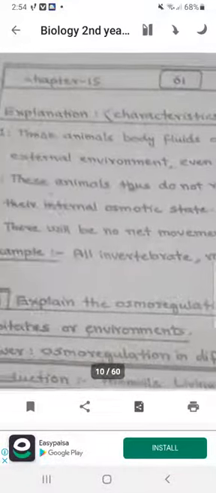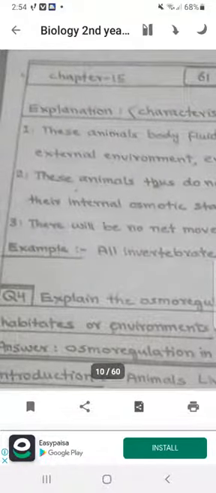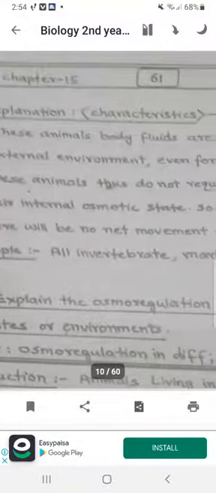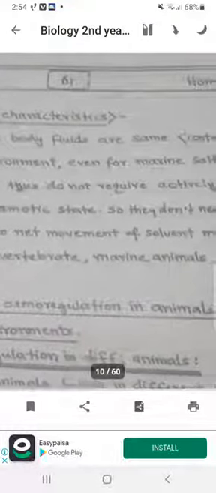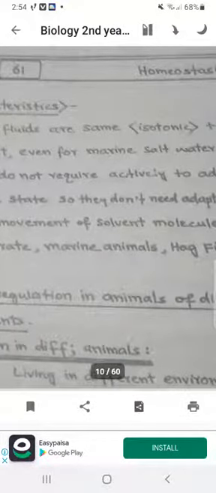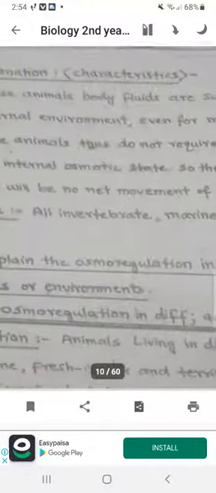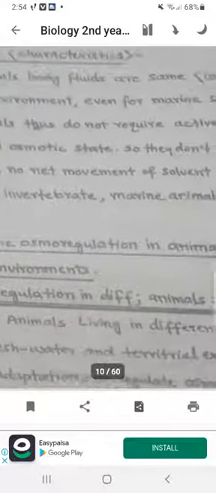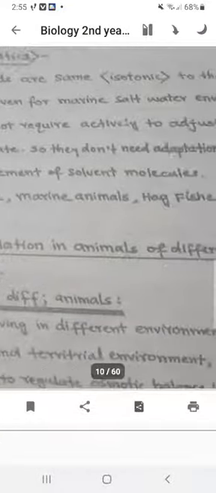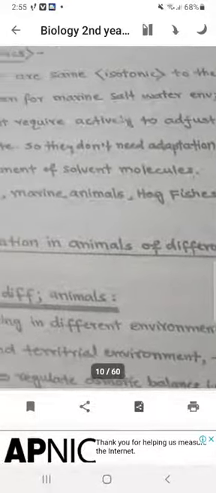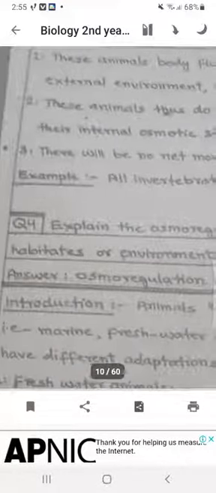Explanation, characteristics. Number 1. These animals' body fluids are isotonic to the external environment, even in a marine salt water environment. Number 2.